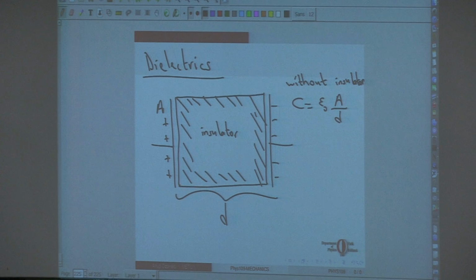There will be some polarization, which basically means, let's look at the atom. What's an atom? We have this positively charged nucleus over here. Around it we have these electrons.